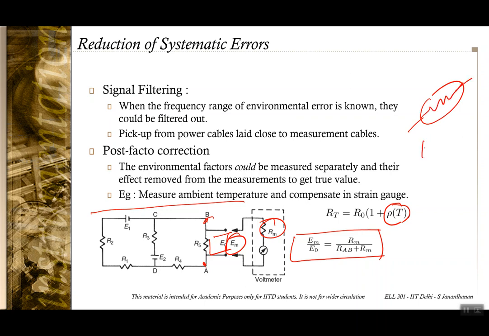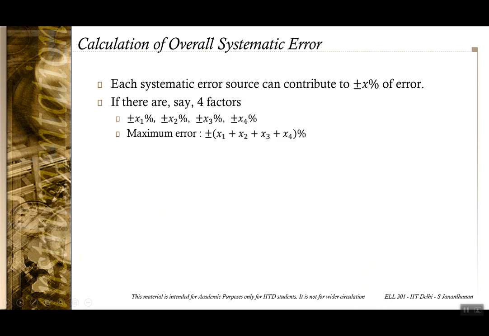The resistance of the strain gauge at T degree centigrade is found out, but you are interested in the resistance of the strain gauge at 0 degree centigrade. So that can be backtracked by knowing the temperature coefficient of resistance of the strain gauge. In this way, post facto correction can also be used.